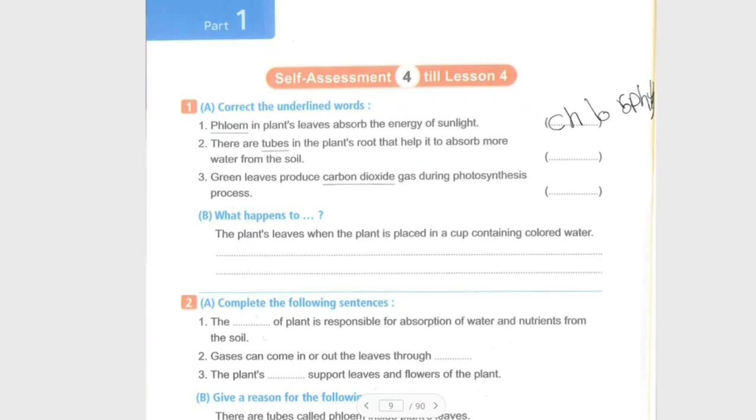Not tubes, our answer is root hairs. They increase the amount of water absorbed from the soil. Number 3, green leaves produce carbon dioxide gas during the photosynthesis process. No, they produce oxygen.